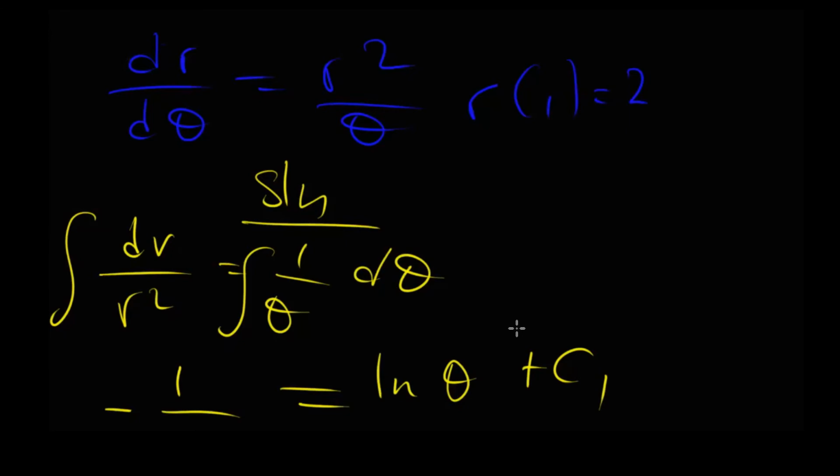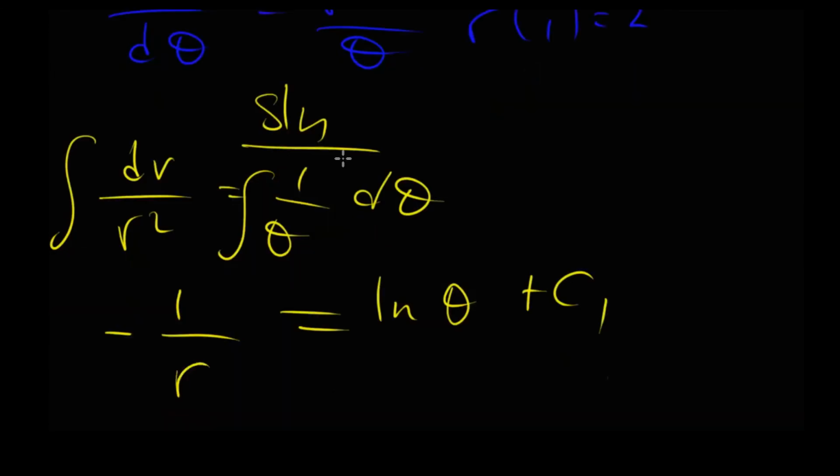Where there's theta, you put 1. So ln 1 is what? This is 0. Where do you keep the 2? The 2 is the r.